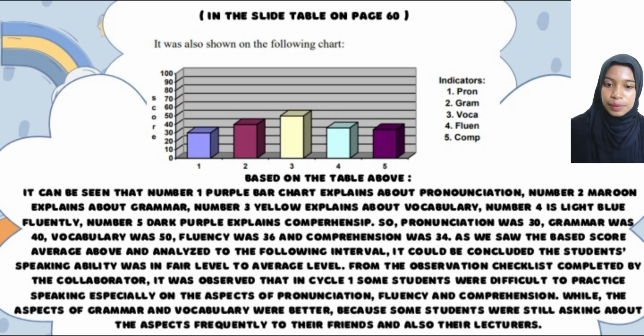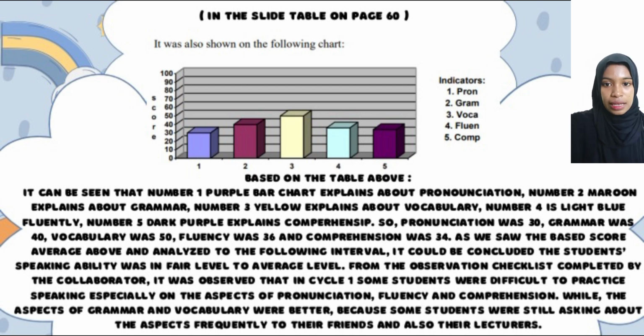Based on the table above, it can be seen that number 1, the purple bar, explains pronunciation, number 2, maroon, explains grammar, number 3, yellow, explains vocabulary, number 4, blue, is fluency, and number 5, dark purple, explains comprehension.